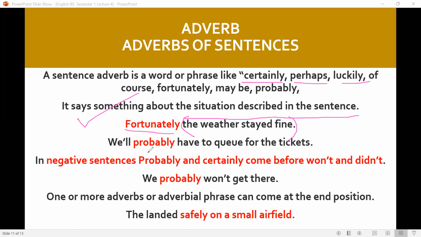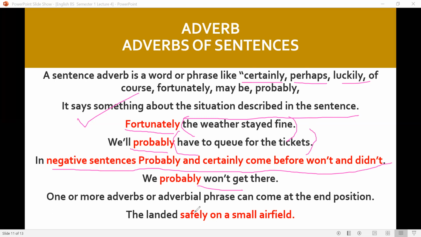We will probably have to queue for the tickets. Probably applies to the whole sentence. This word has been used for the whole sentence. In negative sentences, probably and certainly come before won't and didn't. We probably won't get there. One or more adverbs or adverbial phrases can come at the end position.